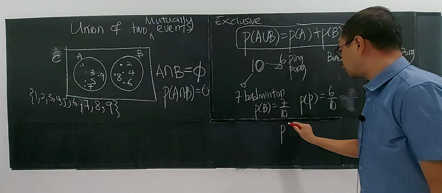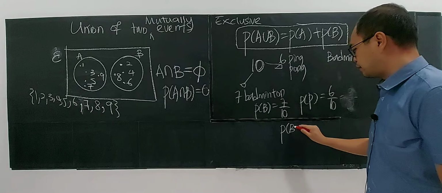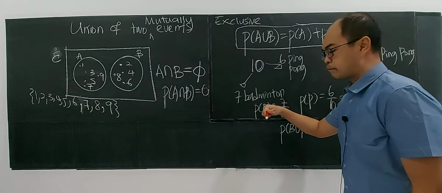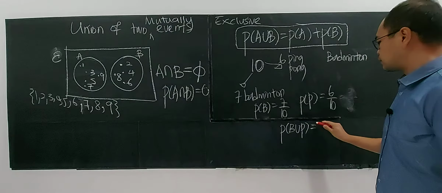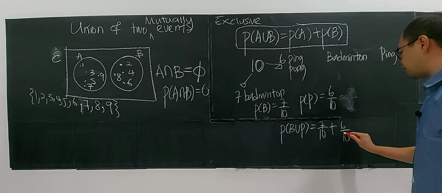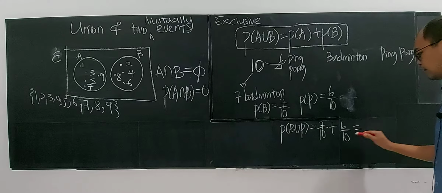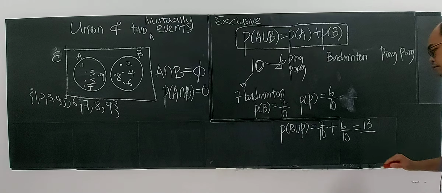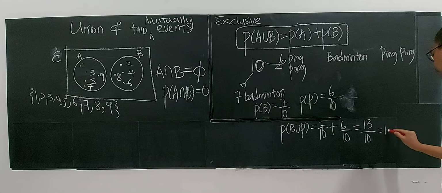So if I add up the probabilities of badminton union ping pong, either you take badminton or ping pong, what is the probability? You will get 7 over 10 plus 6 over 10. 7 plus 6 is 13, so 13 over 10, which is 1.3.